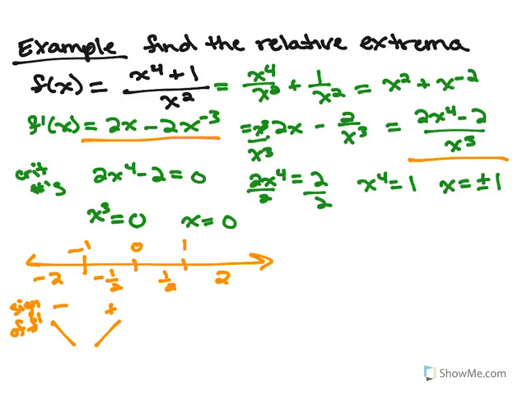Of course, you're welcome to plug these into your calculator and figure out exactly what the number is, but I just need to know its sign. If I plug a 1/2 in, we're going to get the same numerator as negative, but now my denominator is going to be positive, because I cube a 1/2, I get a positive. So a negative divided by a positive is negative. We are decreasing. And if I plug in a 2, we're going to have 32 minus 2 is 30 over 8, positive. So we have a min, a max, and a min.